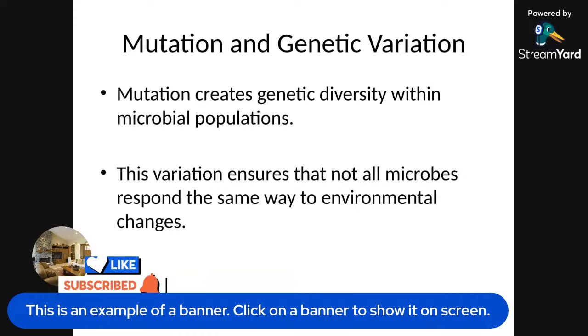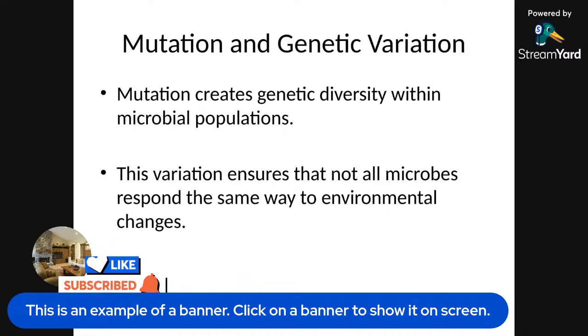That is why organisms are different. Even in humans, you don't have two individuals that are exactly the same, and that is as a result of mutation. That tells you how important mutation is in biology, not only in microbiology. Generally in biology, mutation is very, very important in the survivability of an organism.